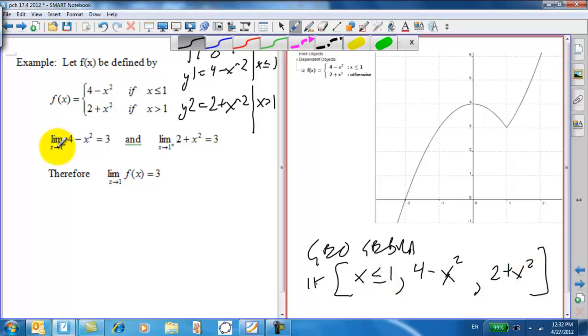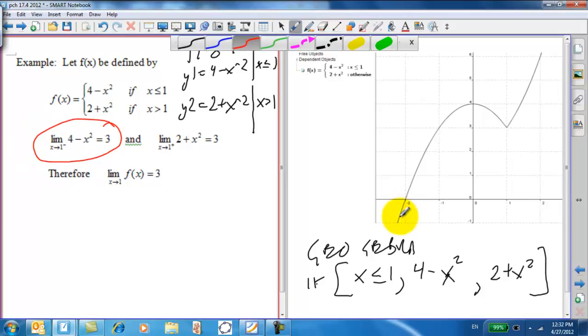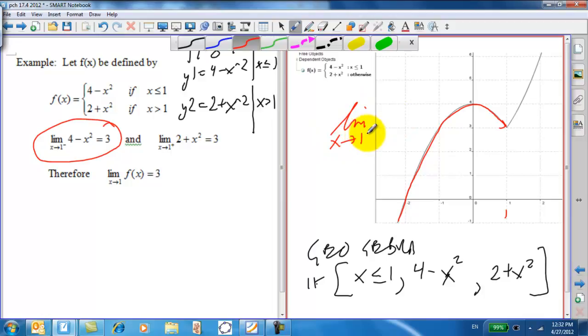But notice the difference here. The limit as x approaches 1 from the left, so let me color code this here. This limit is based on the idea that we're going to get closer and closer to 1 from numbers to the left of 1. So this is the limit as x approaches 1 from the left of 4 minus x squared. That equals 3. Notice I'm using the definition of f of x that uses x values less than 1.